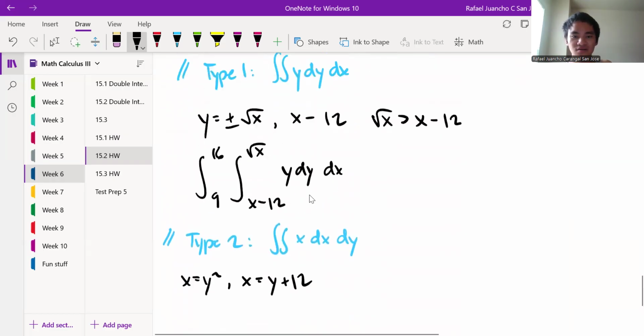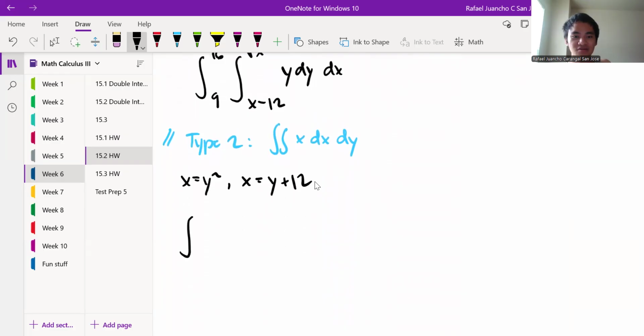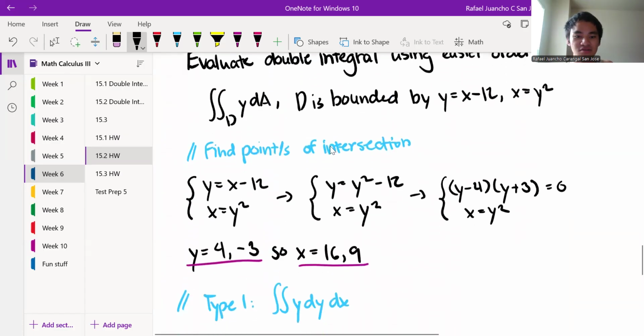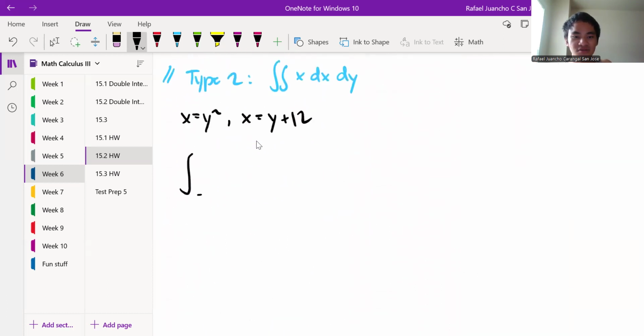And so from there, now I put these in my outer integral for y, which is just the critical values, the points of intersection, negative 3 to 4, right? And then which one's bigger? How do I know which one to put in the upper and lower bound? I guess I could try values from y.